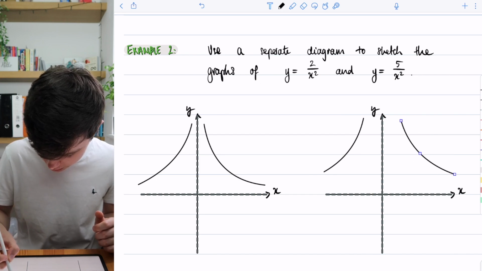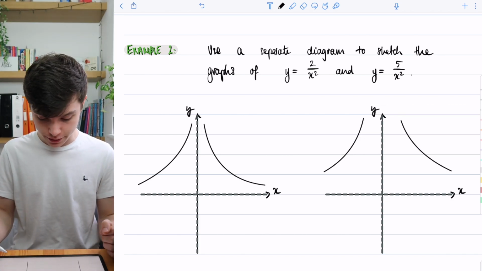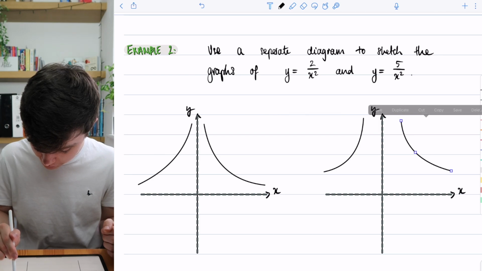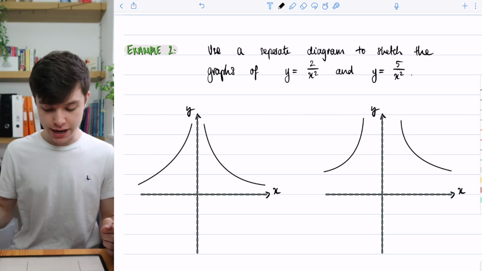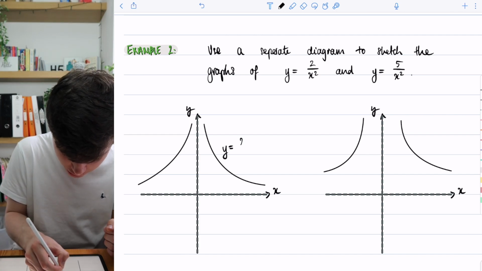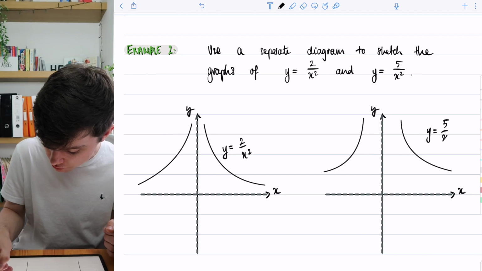We can see it looks a little bit further away than the other graph, okay? Maybe it should look a little bit more like that. We'll try and get it a little bit better, but you will have a free hand, so it'll be better for you, okay? So that's y is equal to 2 over x squared, and that's y is equal to 5 over x squared.